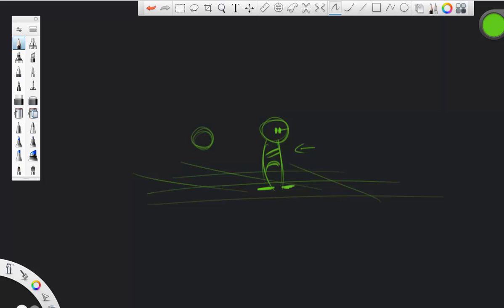You can experiment with these kinds of poses, or push it even further so that my line of action would be something like this, really crazy.